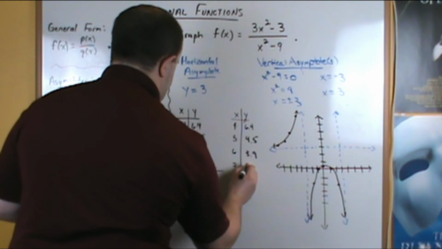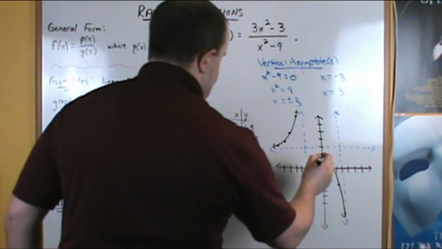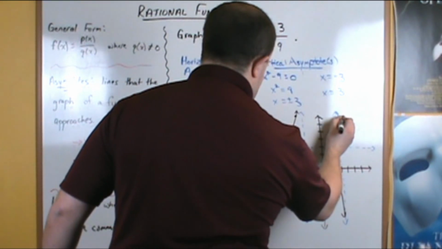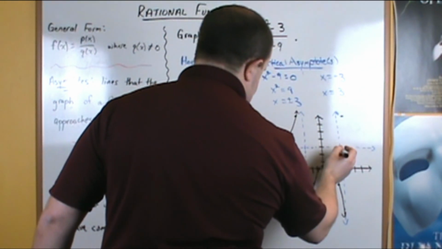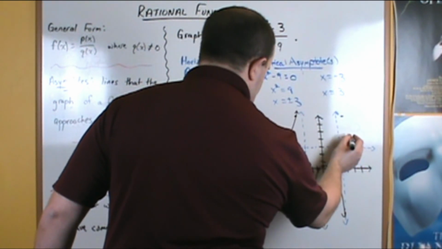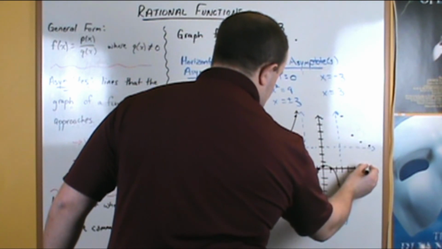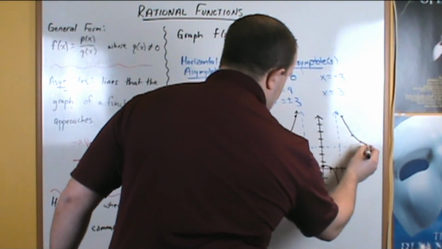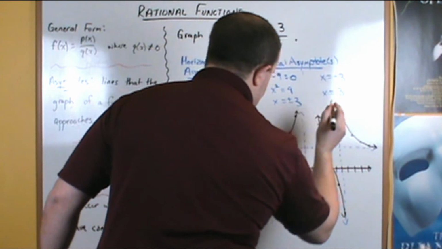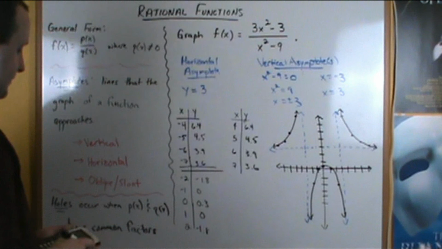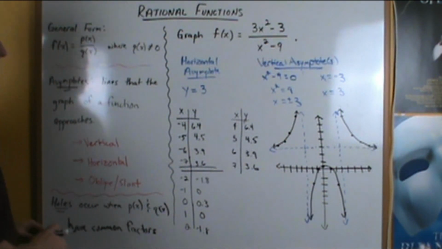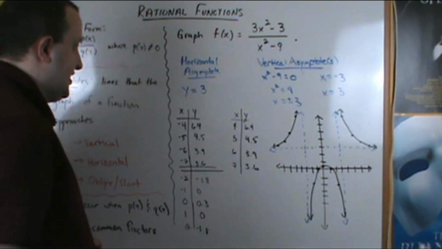And 7, we get about 3.6. And we can pretty much mirror these points here as well. And there's your graph of f of x equals 3x squared minus 3 divided by x squared minus 9.